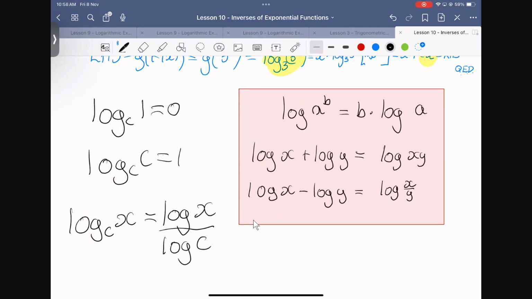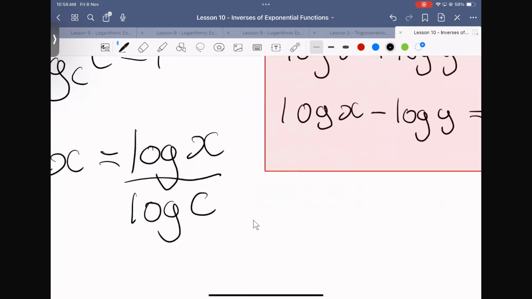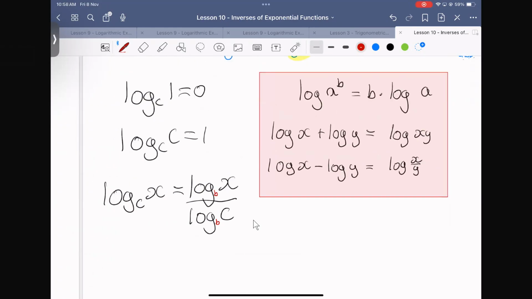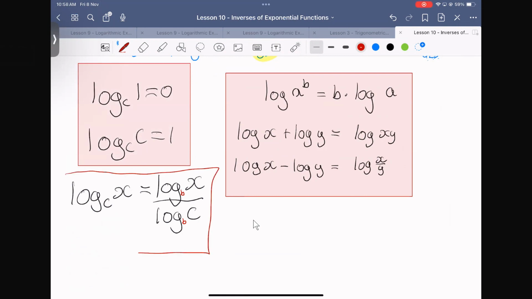So if you wish to change to another base, you can change to any other base. If we wanted to change to base b, we could change to base b like this. So these two here are just useful facts about logarithms, common properties. And then this is another rule used with logarithms. This one's called change of base.